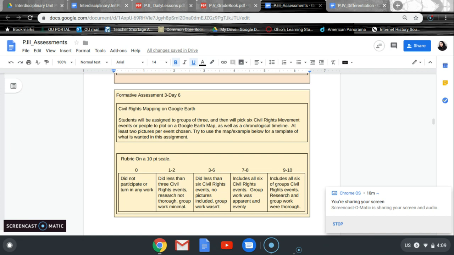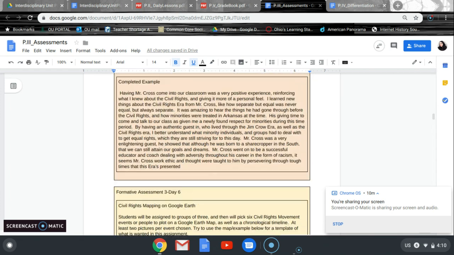We use these assessments because we are trying to gauge our students' knowledge of civil rights, as well as give them more depth of knowledge in the civil rights movement era, and how social change happens through cause and effect. We have our students reflect a few times on how different today's civil rights atmosphere is from the civil rights era and the Jim Crow era. And this is what our assessments are about.